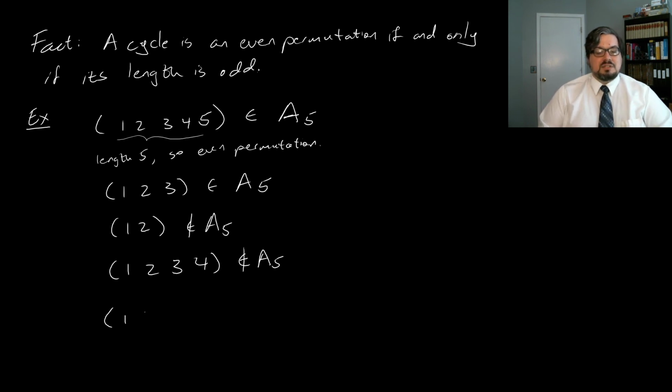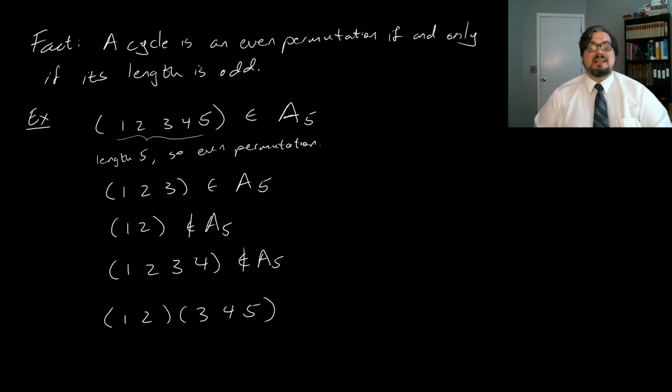But what about something like this? What if we have a disjoint cycle decomposition of a permutation? (1 2)(3 4 5).